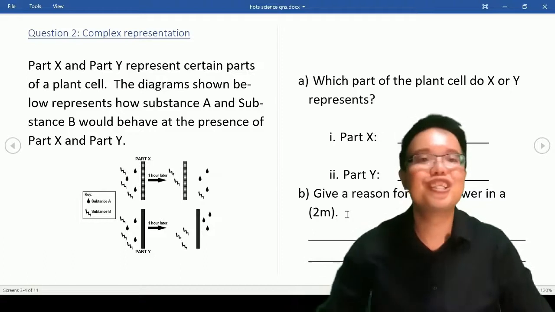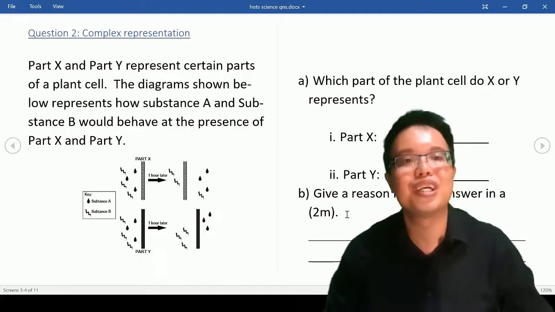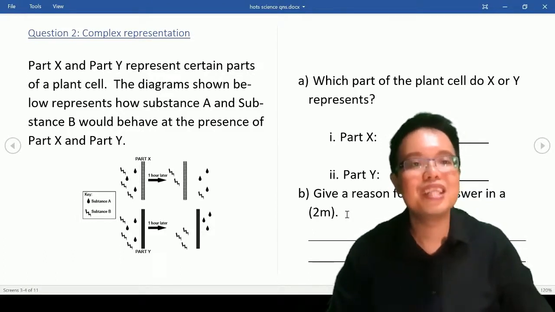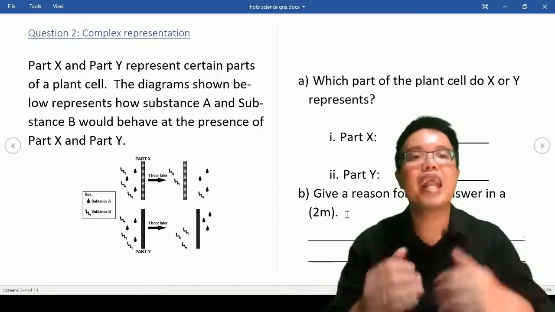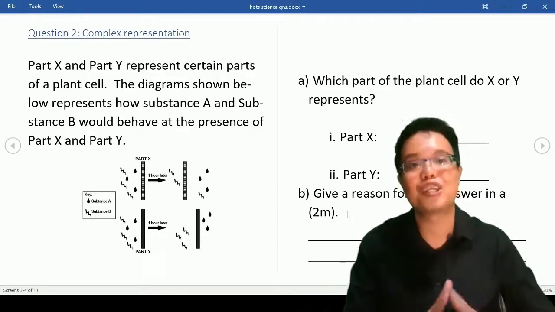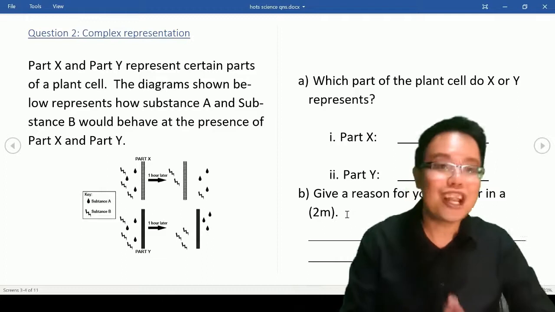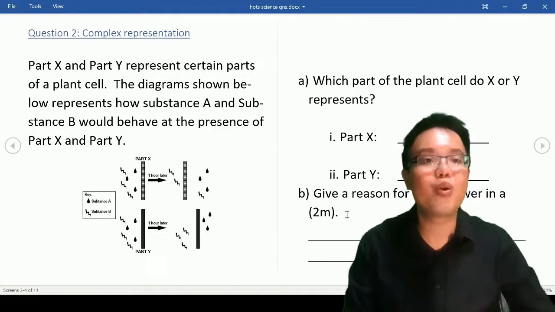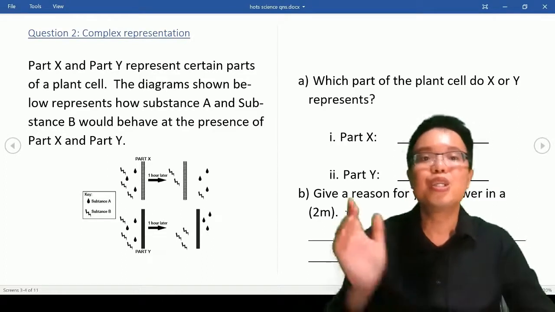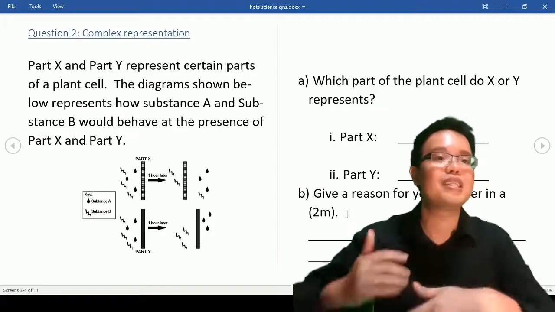So the challenge of these questions is that it requires students to link the symbols to the concepts and be able to explain the diagram correctly.